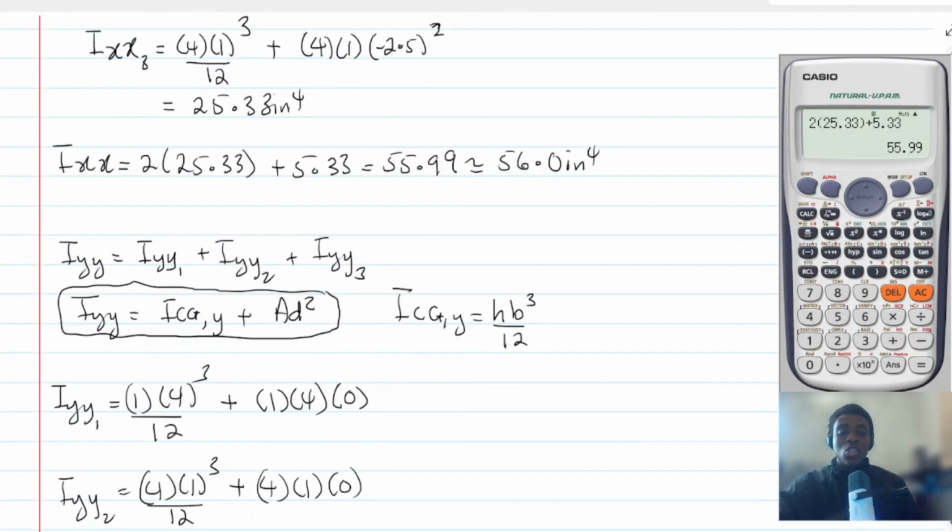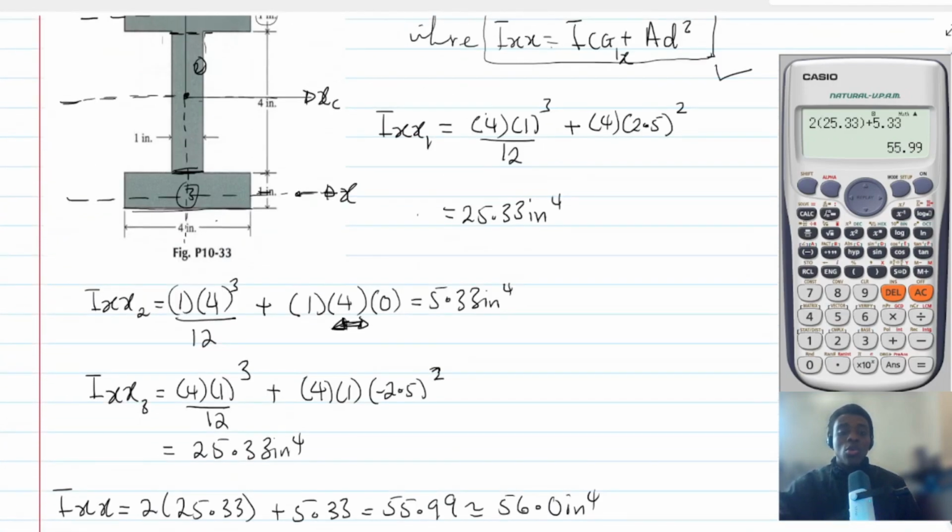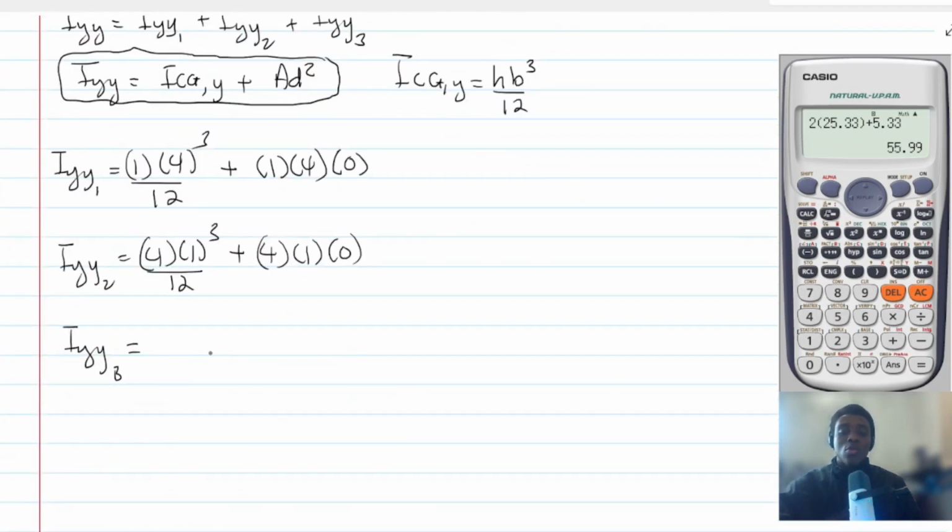It's going to be hb cube. So h is 1, b is 4. So 1 times 4 over 12, 1 times 4, 0. Okay, so let's compute what we have here.